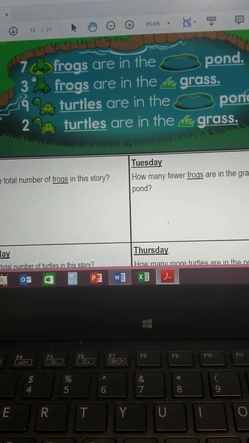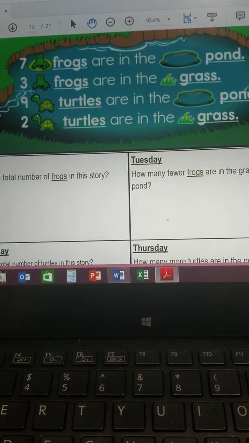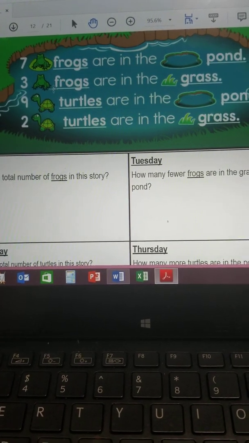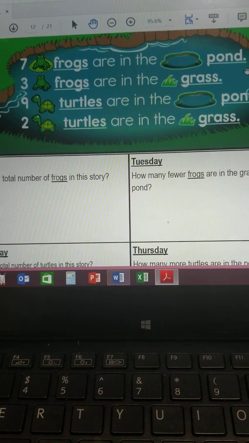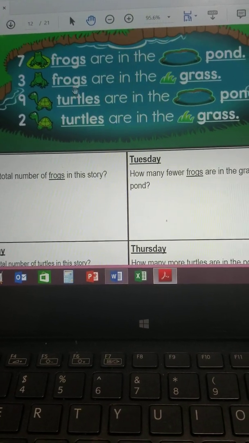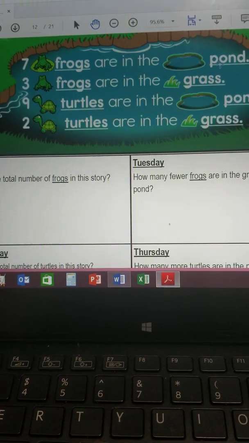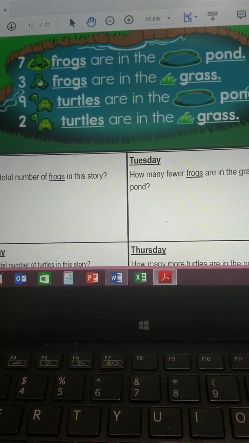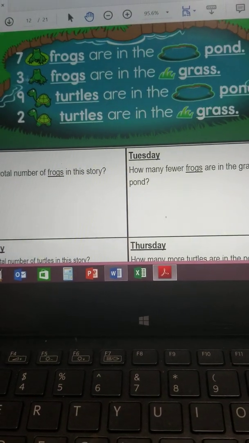So how are you going to figure out how many fewer frogs are in the grass? Because we know fewer means less, right? So we have less frogs in the grass than in the pond. They're asking just how many less are there in the grass than in the pond. So you're going to use these two numbers here, 7 and 3.